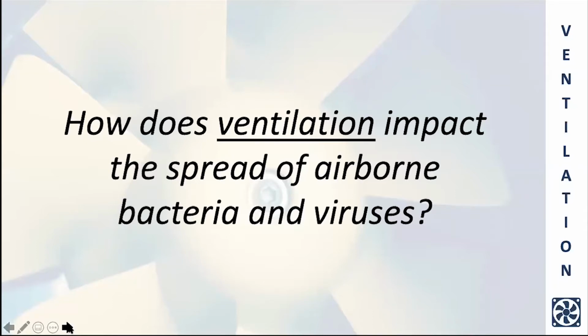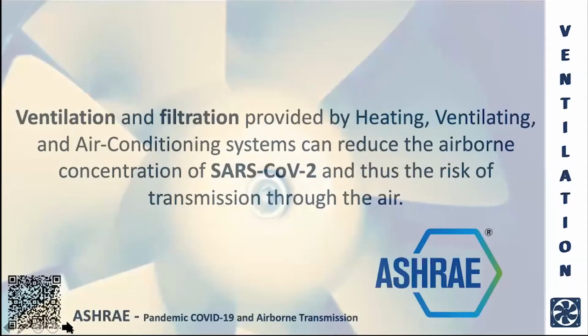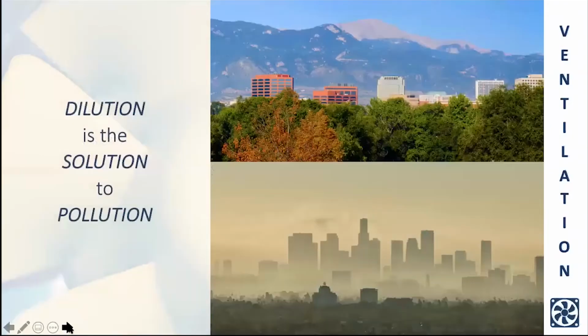So how does ventilation impact the spread of airborne bacteria and viruses? What ASHRAE tells us is that ventilation and filtration provided by HVAC systems can reduce the concentration of the SARS-CoV-2 virus, and thus we lower the risk of transmission through the air. Something that will help us to remember the importance of ventilation is: dilution is the solution to pollution.